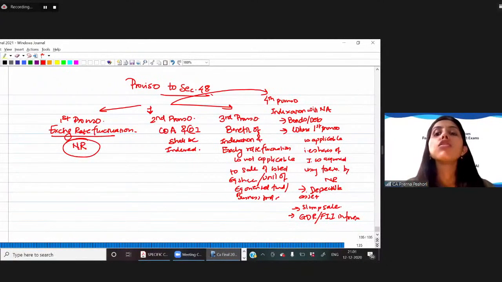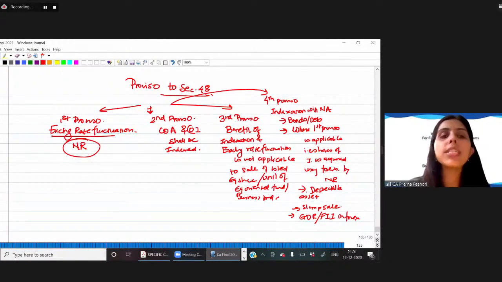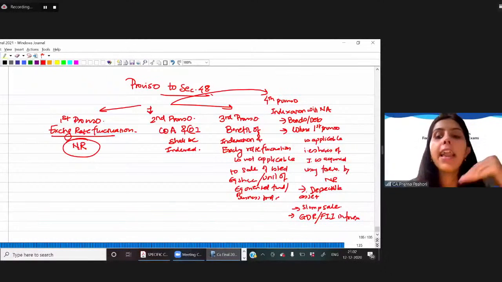Clear? So fourth proviso talks about when the indexation benefit will not be available. So when first proviso is applicable, second will automatically not apply. To bonds and debentures also, depreciable assets, slump sale, and sale of GDR or sale of units by FII. Clear?